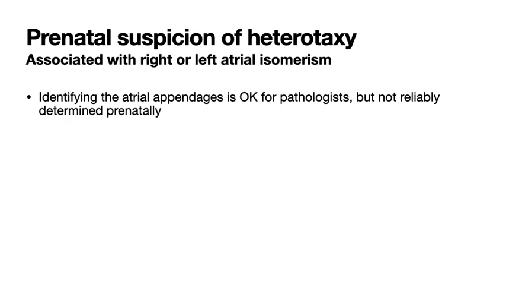All right. So prenatal suspicion of heterotaxy. What is it that makes you start thinking about right or left atrial isomerism? Well, looking at the atrial appendages and figuring out there's two lefts or two rights may be okay for pathologists, but we can't do that prenatally at all.